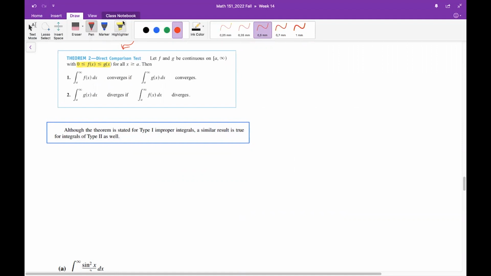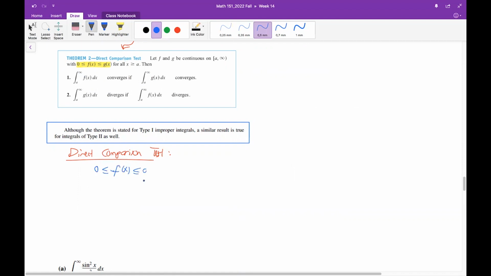So let me state the direct comparison test. First of all, you need to have such an ordering between your functions, and your functions should be positive functions, non-negative functions.